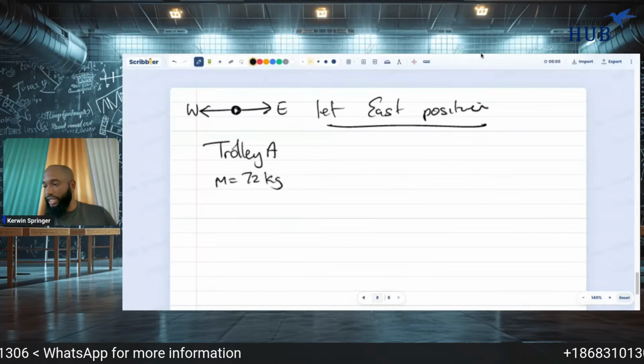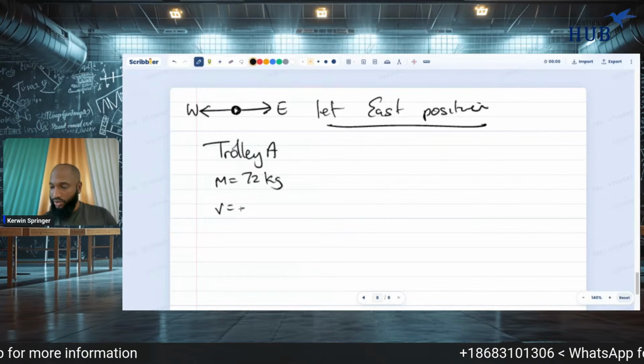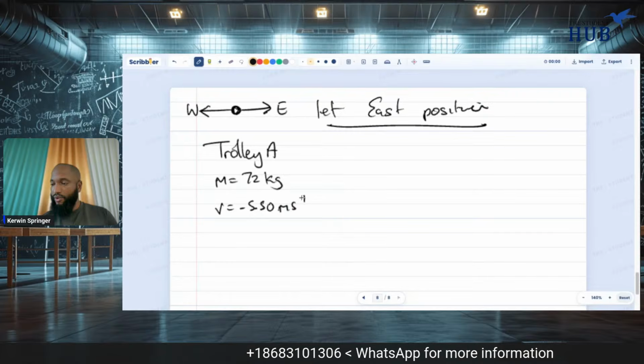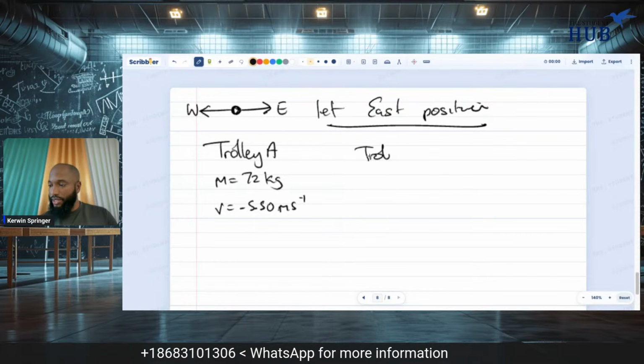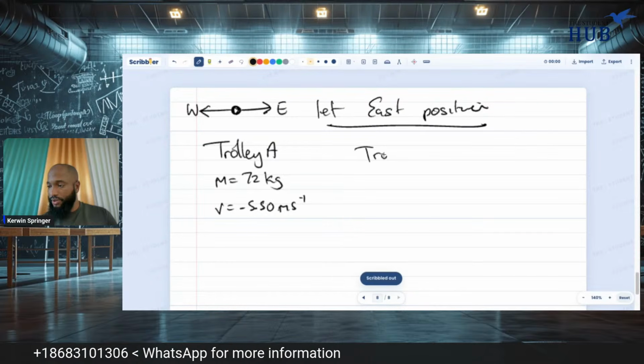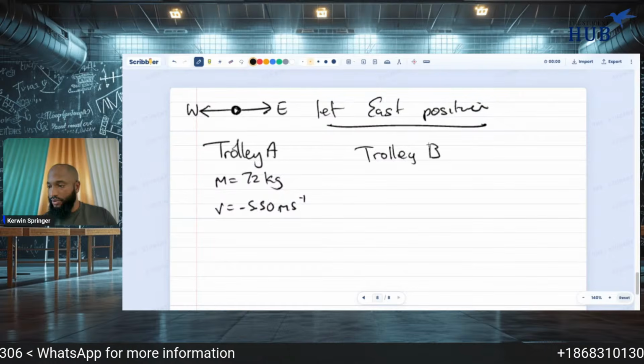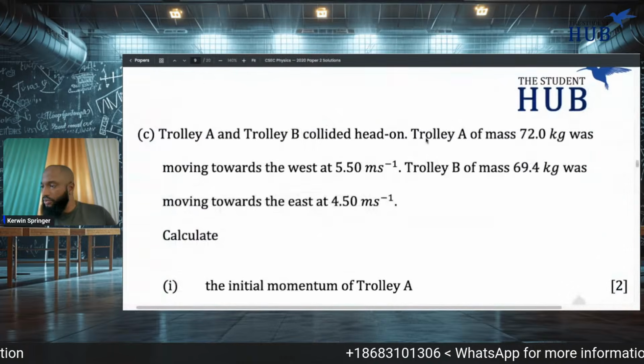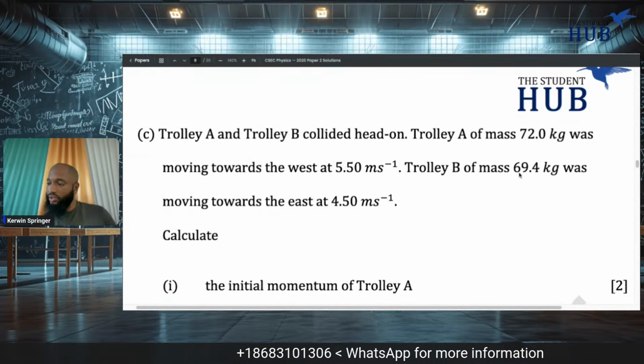So what would you put next to that 5.50? Negative 5.50 meters per second. And then what do we know about trolley B? We know its mass as well. Both of them are the same mass? No, a little less. 69.4.